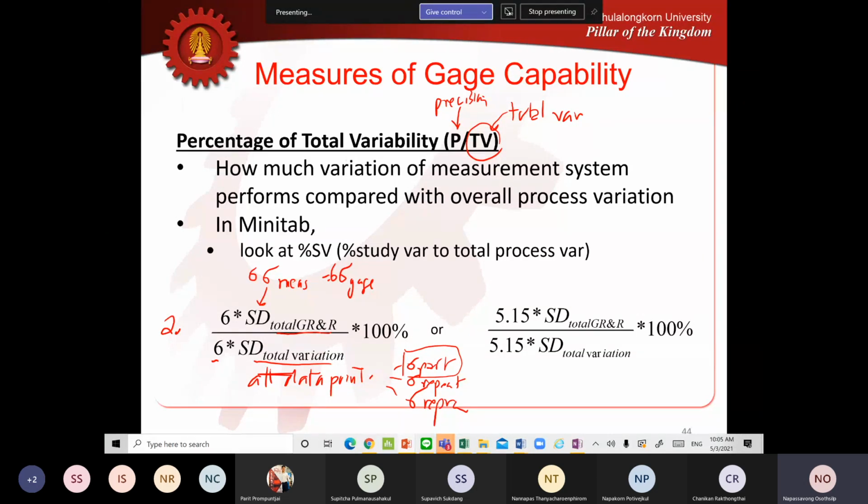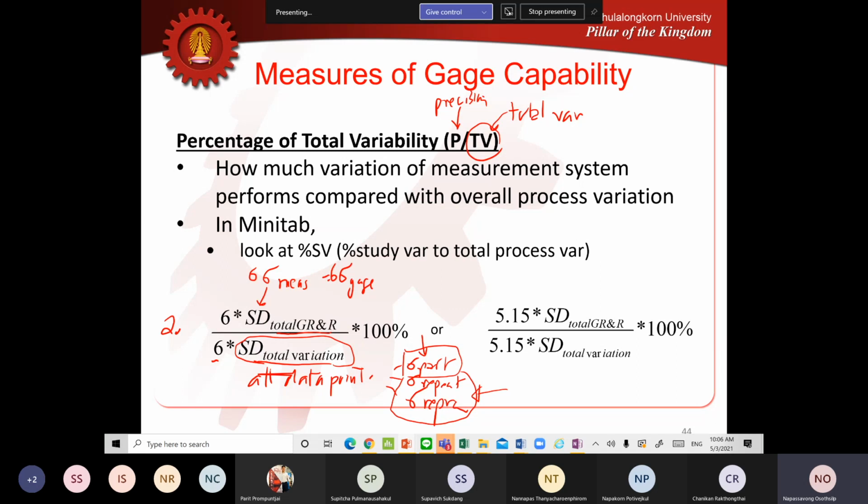We cannot know the variation of the part without measurements. So when we talk about the total variation, we consider the variation of the parts, but we have to accept that there will be variation of the measurement system added on it.